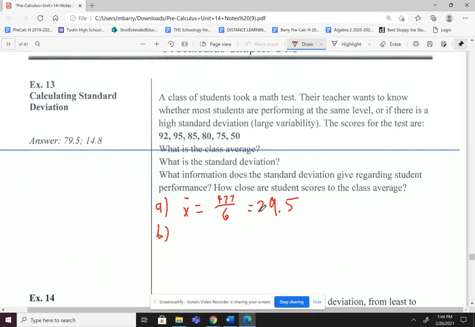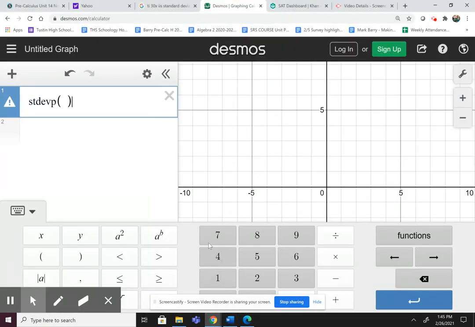So let me write down these numbers. 92, 95, 85, 80, 75, 50. Okay, so now I'm just going to go to the STDDEVP.